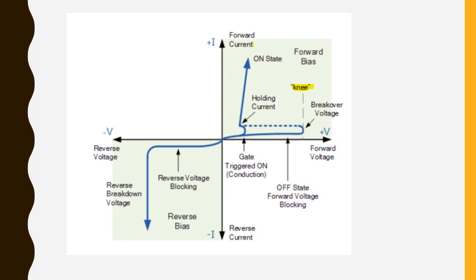Once the SCR is forward biased, the voltage across the SCR will be equal to its knee voltage, that is 0.7. So if the voltage across it is held at this particular point, it will increase, right? I have not applied the gate voltage, so this will be my breakdown voltage.